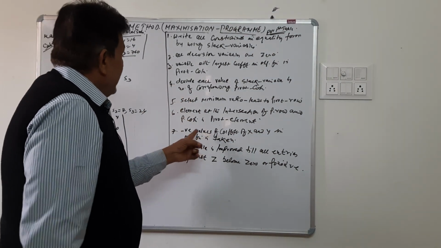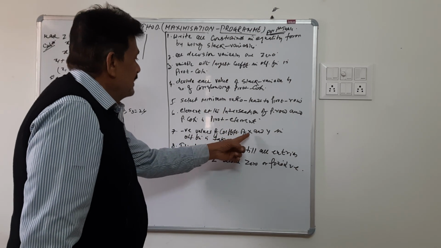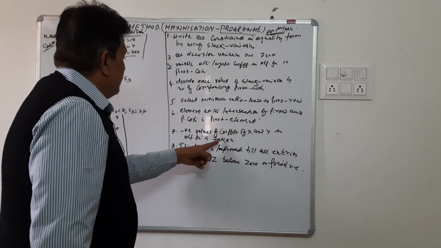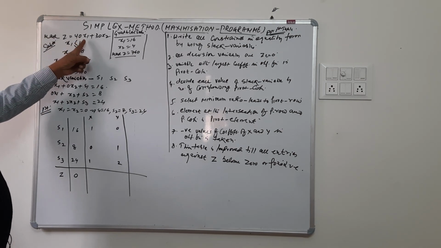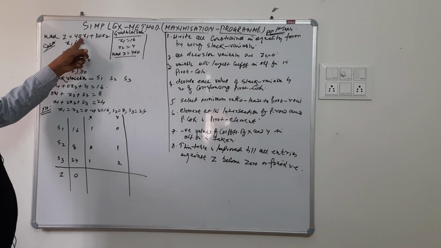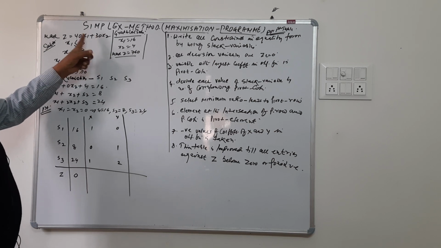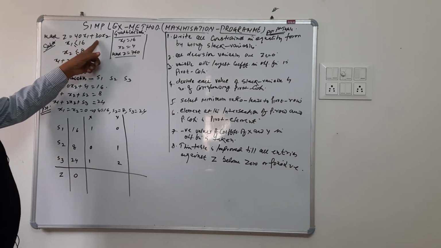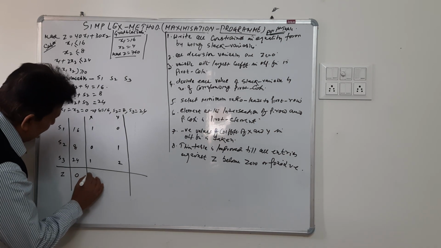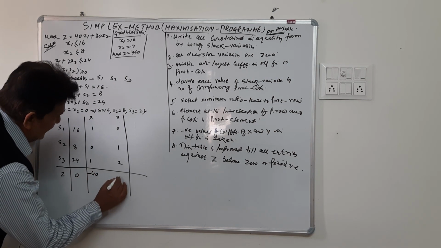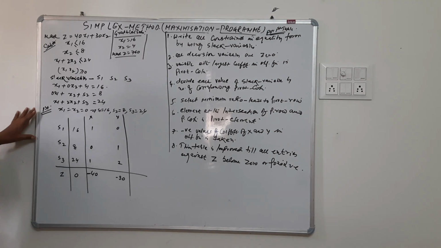Now the negative values of the coefficients of x and y in the objective function are taken. In the objective function, x1 has the coefficient 40 and x2 has the coefficient 30. So taking the negative sign of these two values, making it worse, that's why it has been done. So we take minus 40, minus 30.